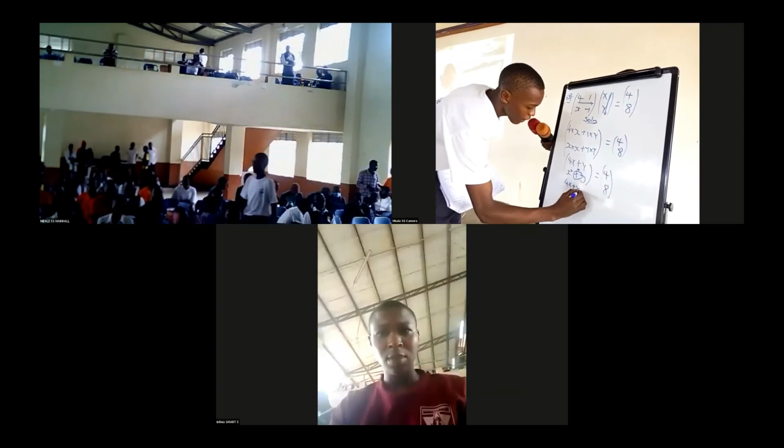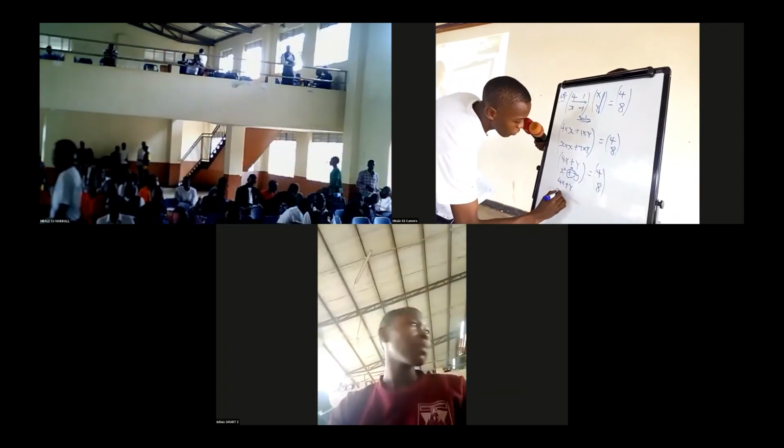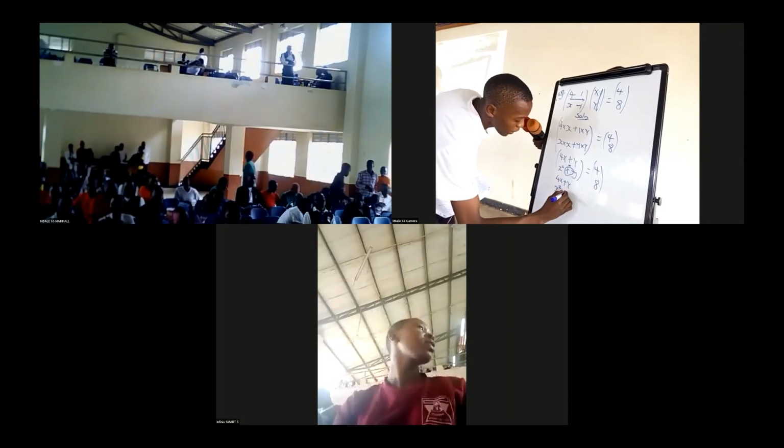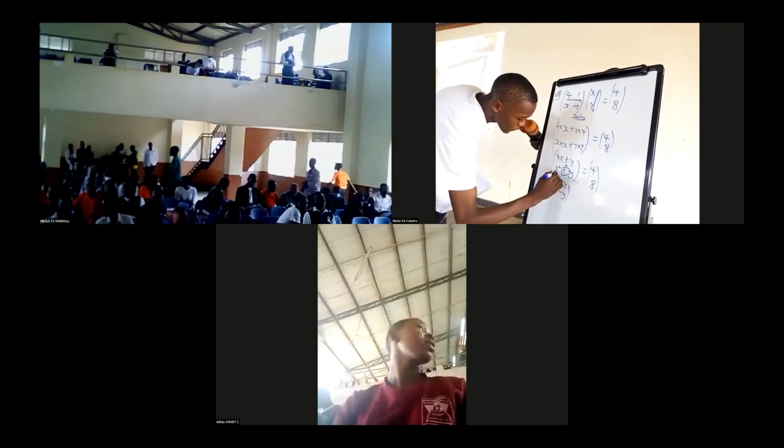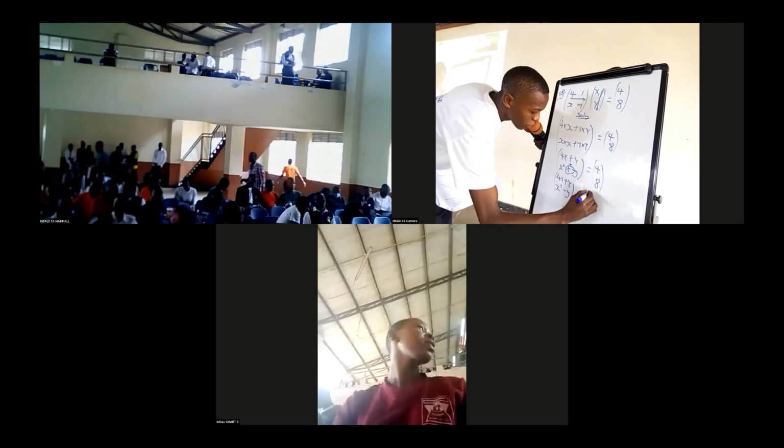A positive plus a negative, we shall have a negative. So we arrange it as 4x plus y, and x squared minus y, being equivalent to 4, 8.